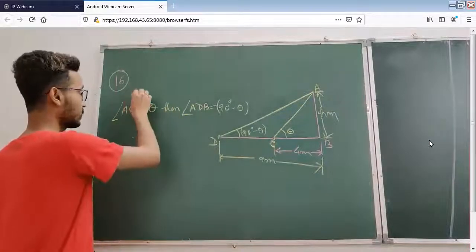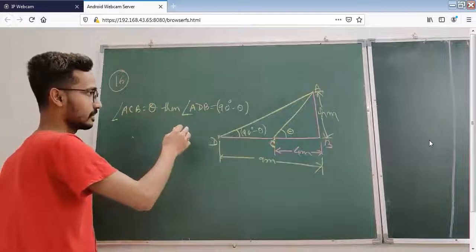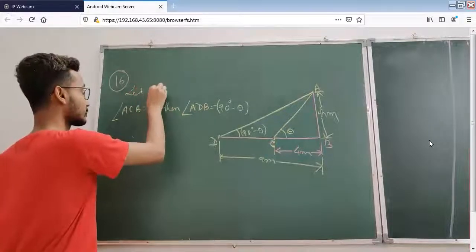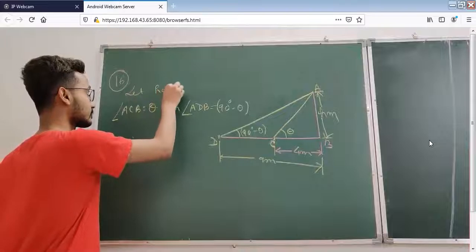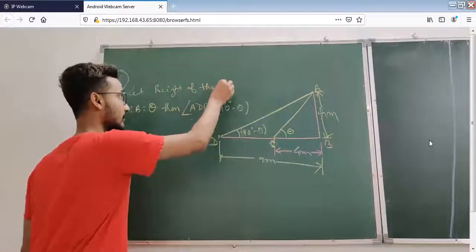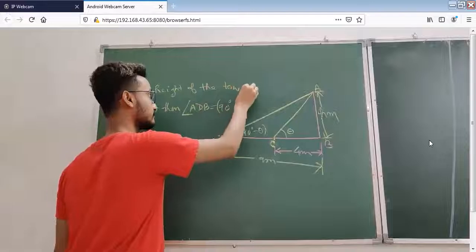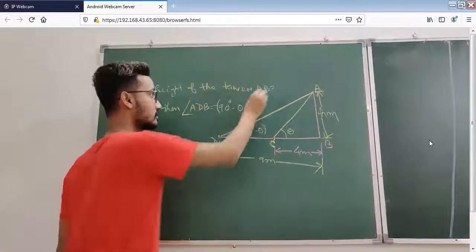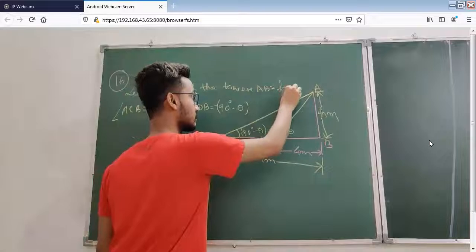So you can write, let height of the tower AB equal to h meter.